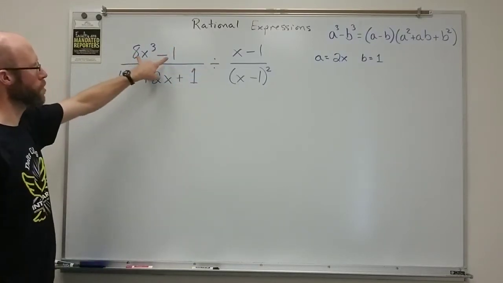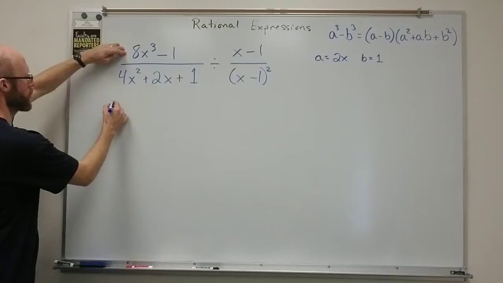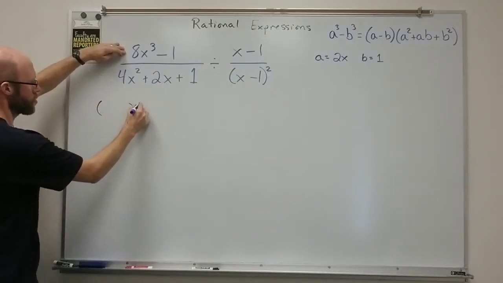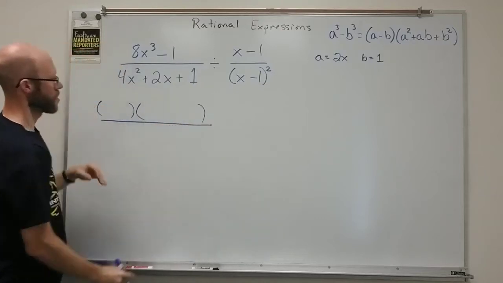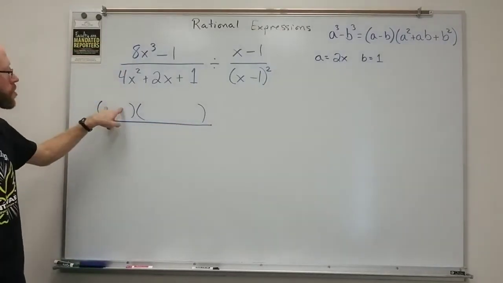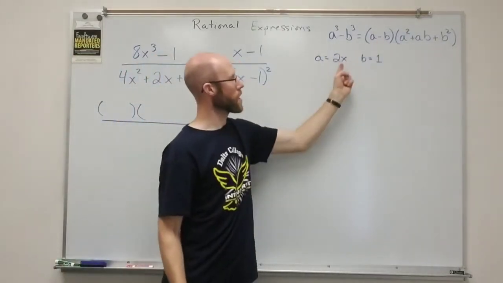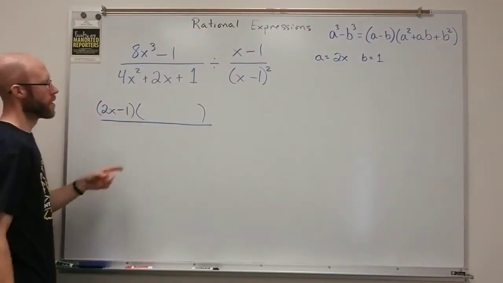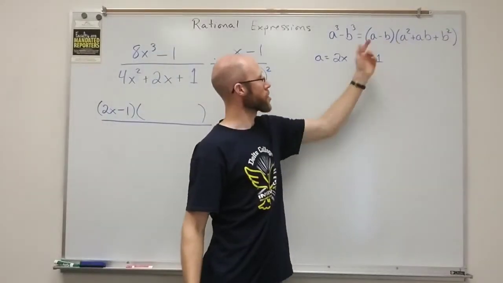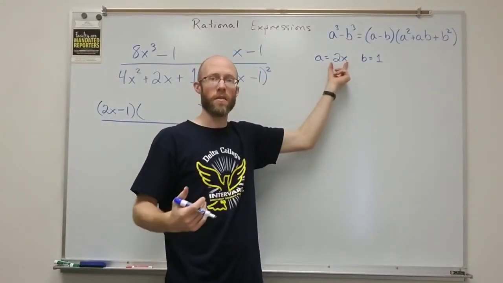And so when I plug those into the formula, my numerator, I'm going to have 2 terms followed by 3 terms. I'm just going to structure that. My two terms are going to be a minus b, that's 2x minus 1. My three terms are going to start with an a squared. Well, you square 2x, you get 4x squared.